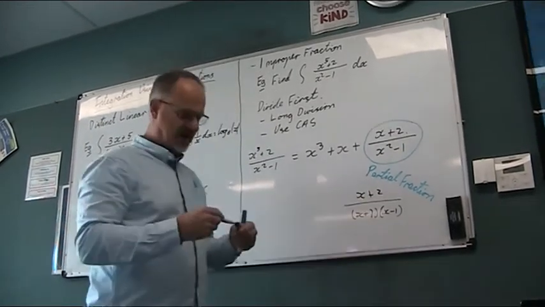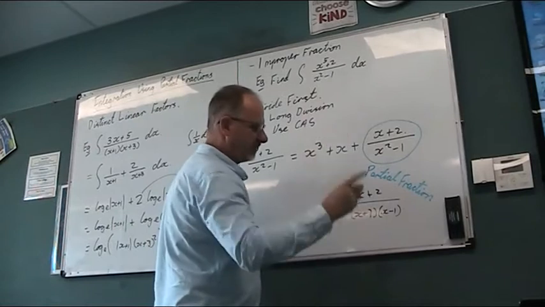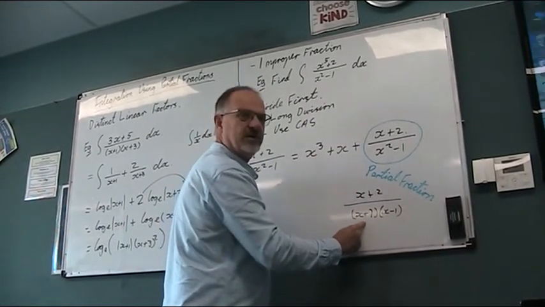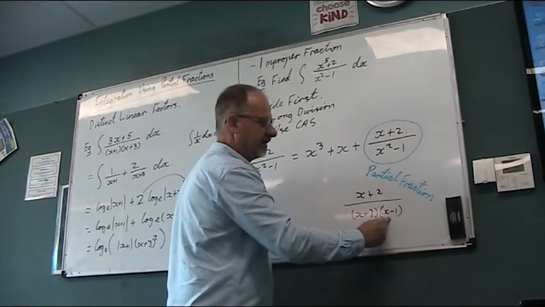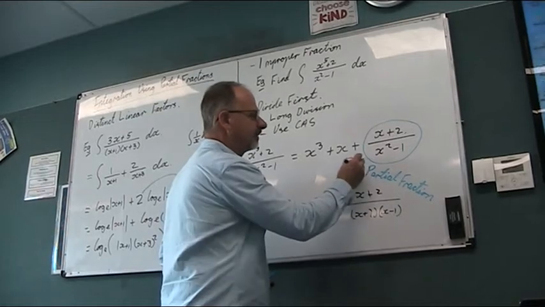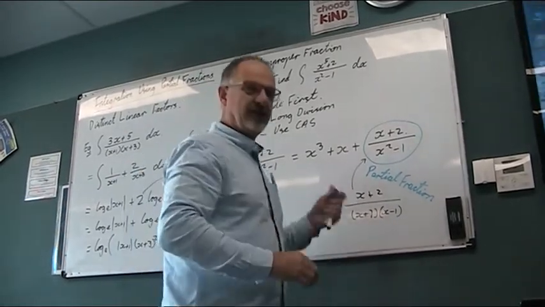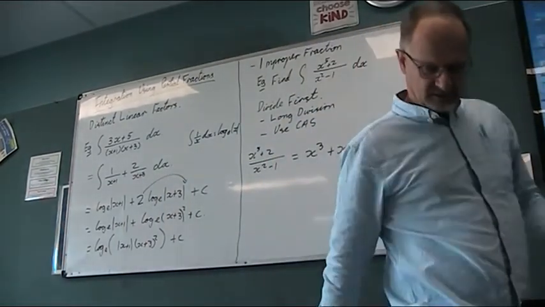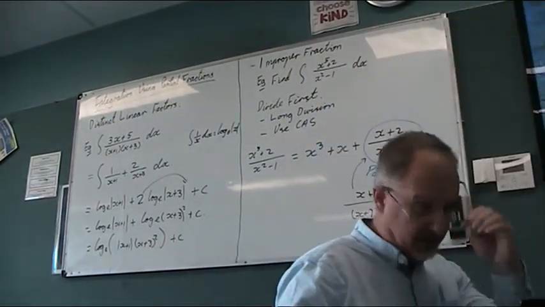So when we do our partial fractions, it's going to be two fractions. One of them will have x plus 1 as the denominator, the other will have x minus 1 as the denominator. So rather than going through that process I did in that first example, let's do our partial fractions.